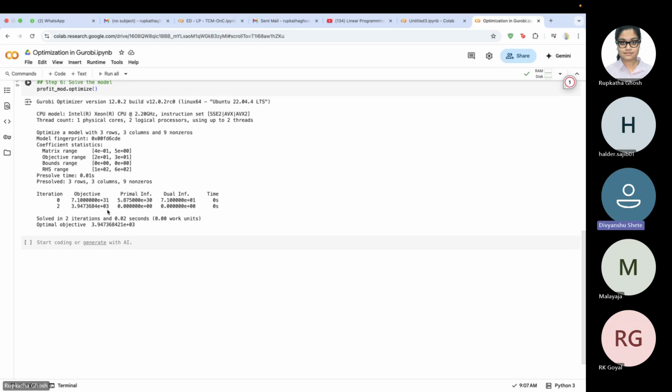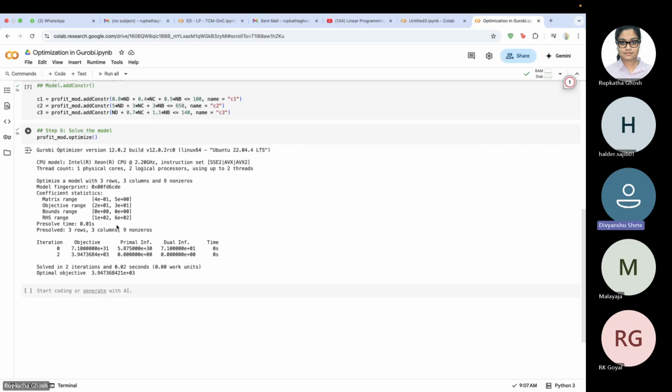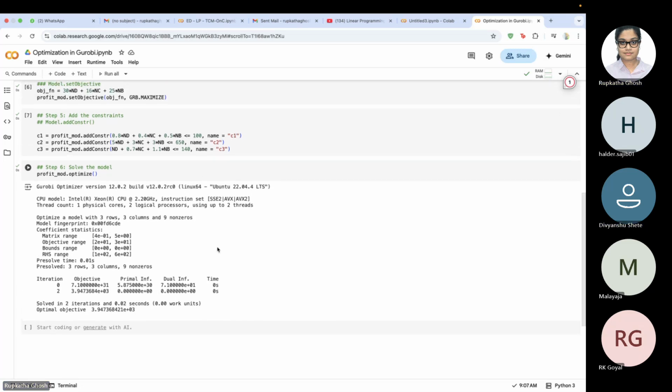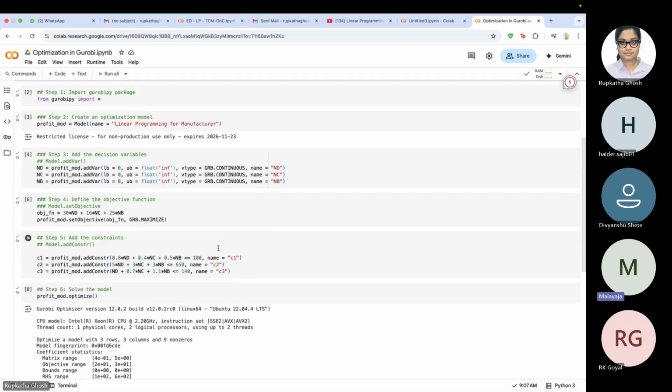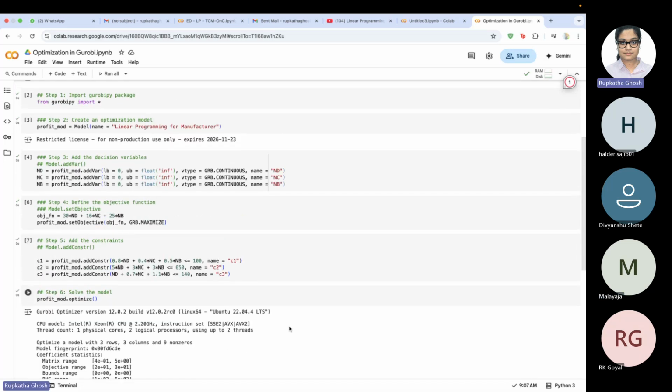Ma'am, please show the syntax I was writing it once. Yeah, sure, sure. Rupkata, can you scroll slightly up again? Yeah, sure. Yes, this is enough. Cell 4 onwards, you don't need to show before. Thank you.